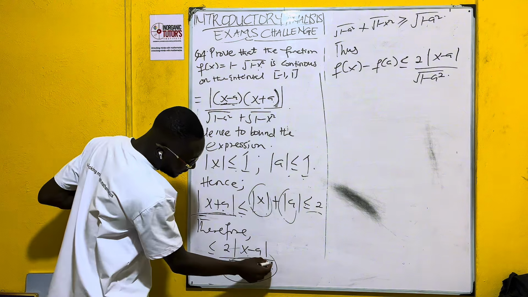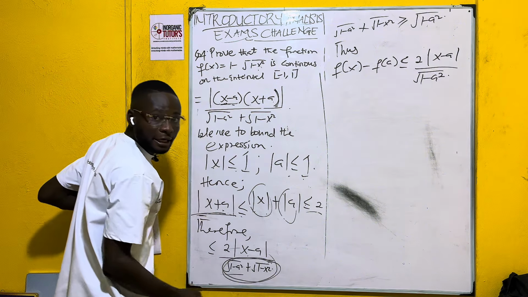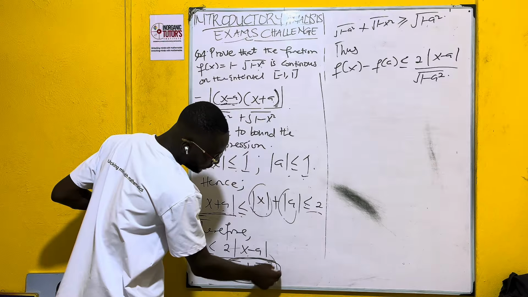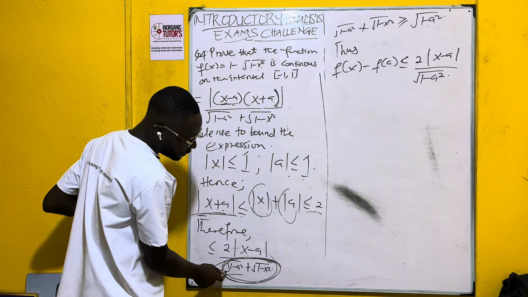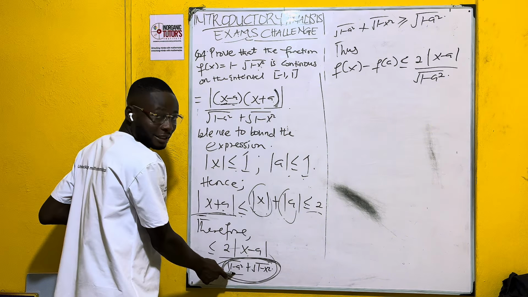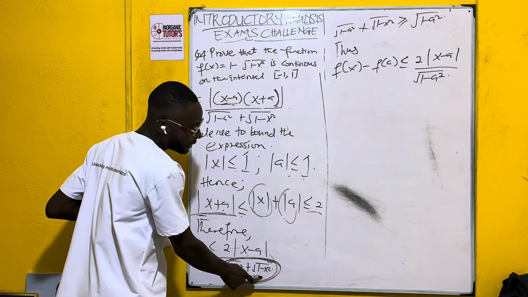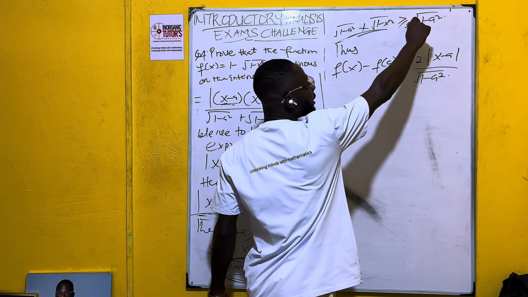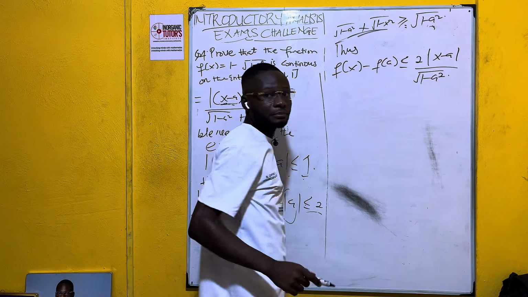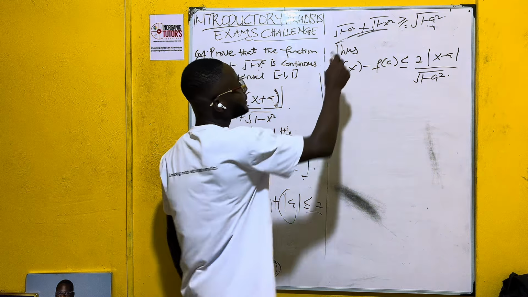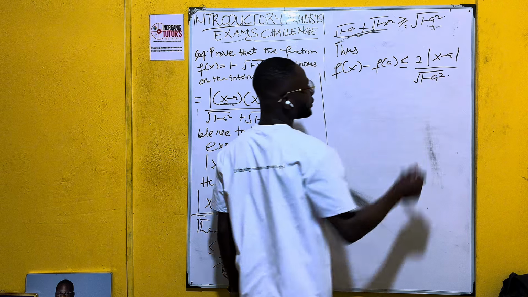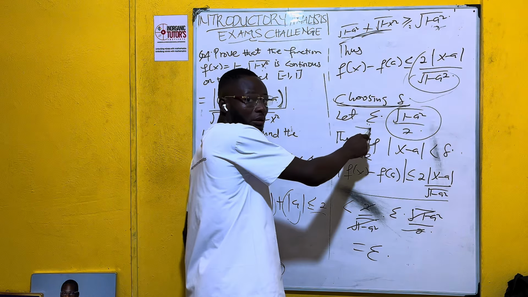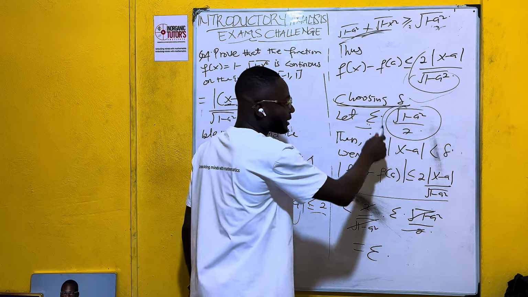Right? So this right here, we could clearly say that square root of 1 minus a squared plus square root of 1 minus s squared, if you sum these two, should be greater than or equal to this term. So choosing delta, we have to let epsilon multiply this expression.